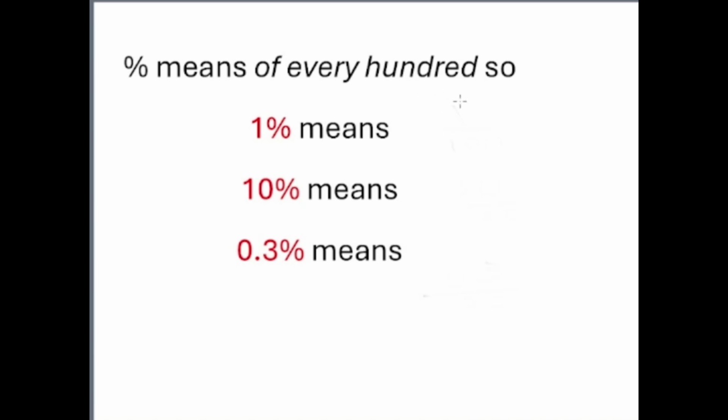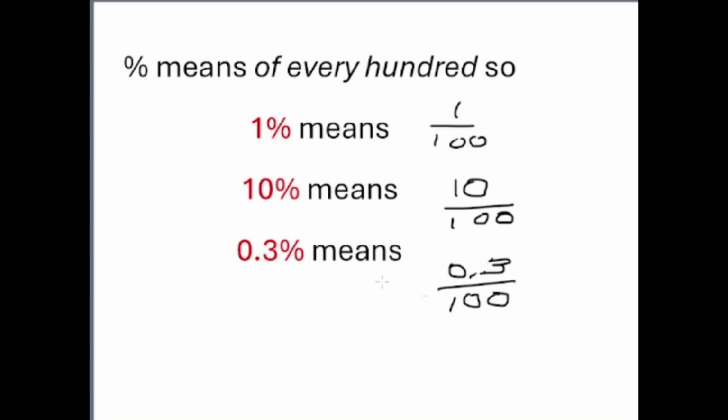So 1% means 1 of every 100, or 1 over 100, or 1 out of every 100. 10% means 10 out of every 100. 0.3% means 0.3 out of every 100. That's the definition of a percent. That's what percents mean.